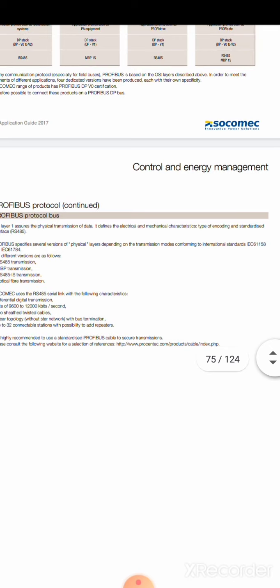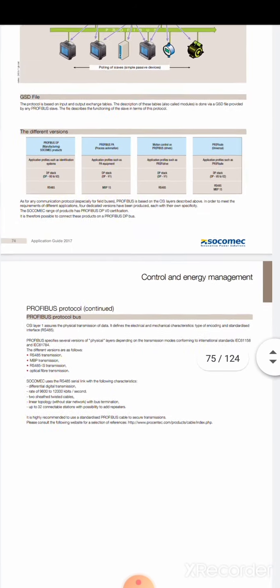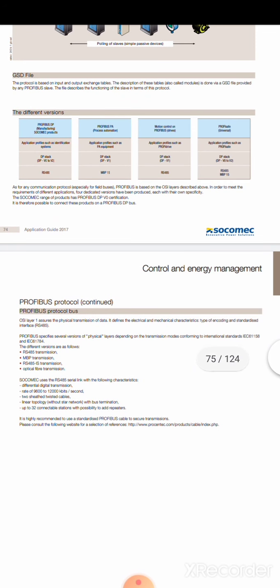So this is what it is. Then, as for any communication protocol, especially based on the OSI layers, in order to meet the requirements of different applications, four dedicated versions have been produced, each with their own specificity.